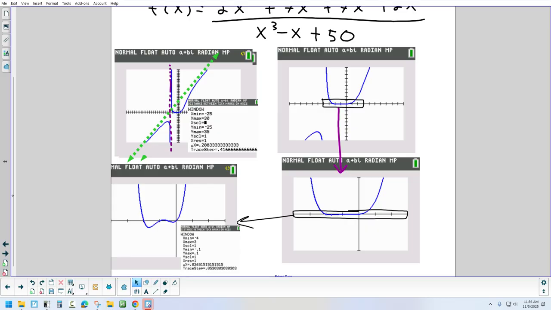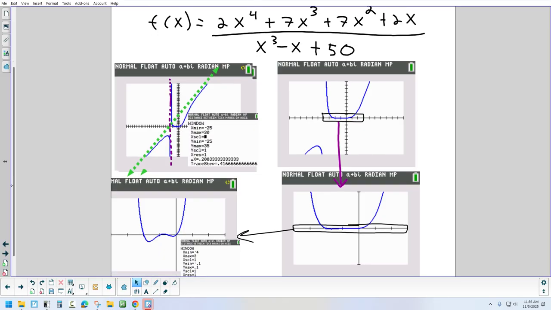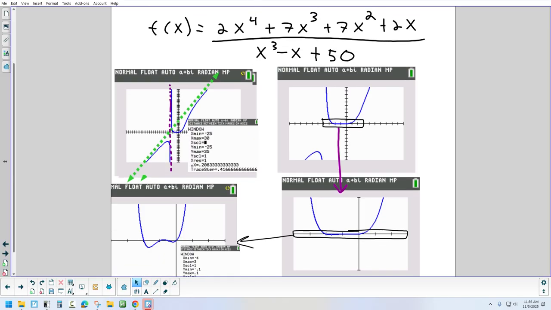Do you think there will be questions like this on the test where you really zoom in? Well, if I ask you for x-intercepts and you can't tell if it's crossing the x-axis, then yeah, you've got to zoom in until you can see. Do we have to zoom in this much? That was a lot of zooming in. We usually don't have to do that much.